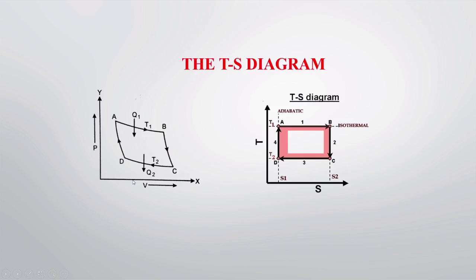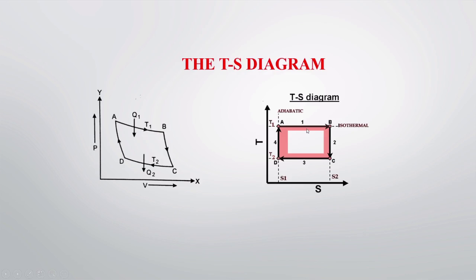Now here we have the Carnot's reversible cycle shown in the PV diagram. Here we have AB and CD at temperatures T1 and T2. So these are the constant temperatures.